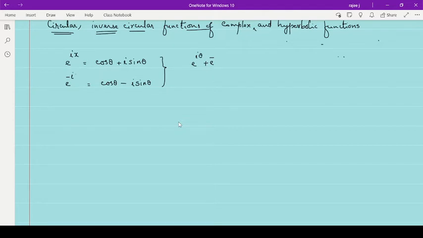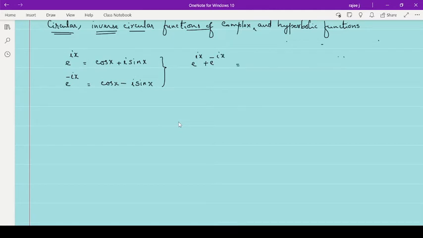No specific reason, I am just changing theta, as Euler's form is e raised to i theta. So we will use x here, or you can use z. So now e raised to ix plus e raised to minus ix, we are adding these two.